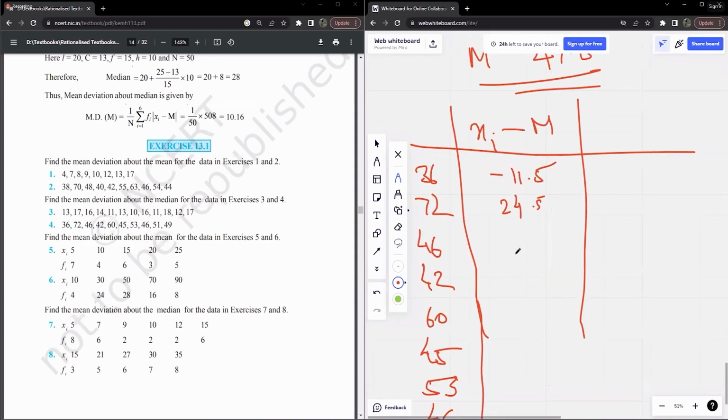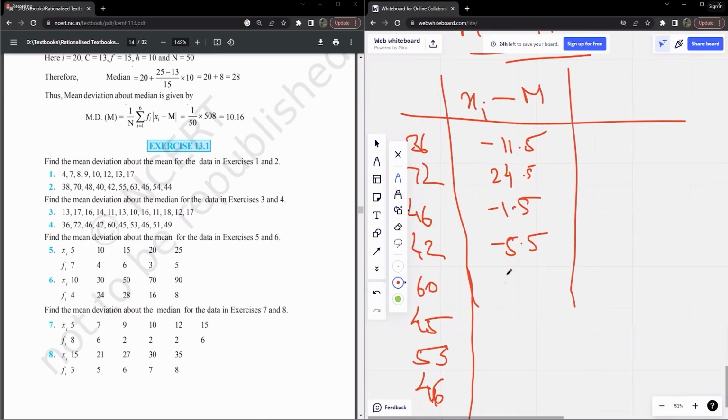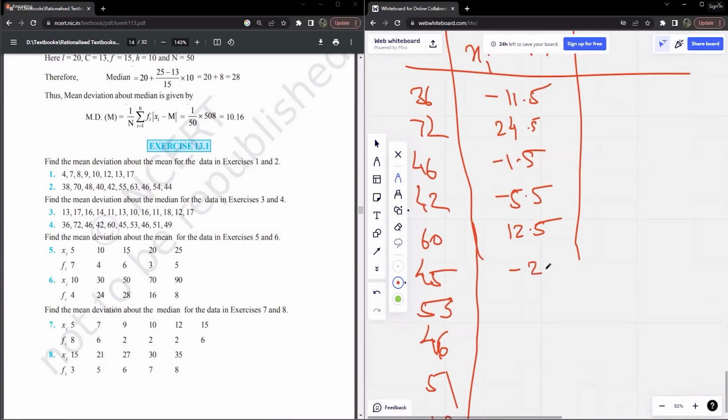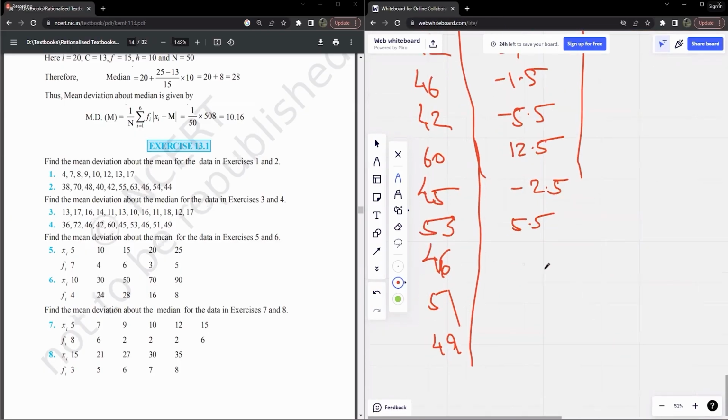Right. 46 is going to give me a minus 1.5. 42 is going to give me a minus 5.5. 60 is going to give me plus 12.5. 45 is going to be a minus 2.5. 53 is going to be plus 5.5. 46 is again a minus 1.5. 51 is a plus 3.5. And 49 is going to be plus 1.5.